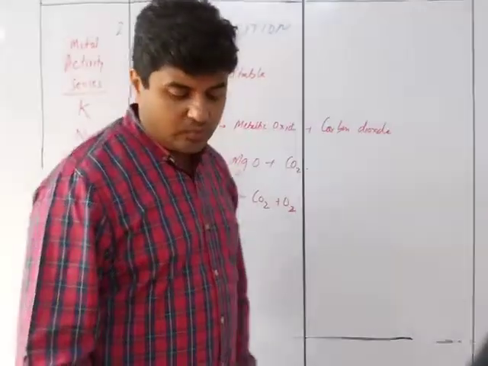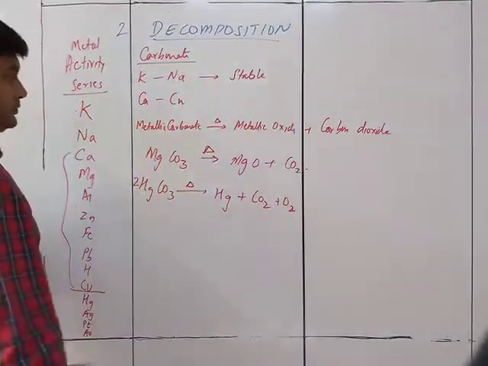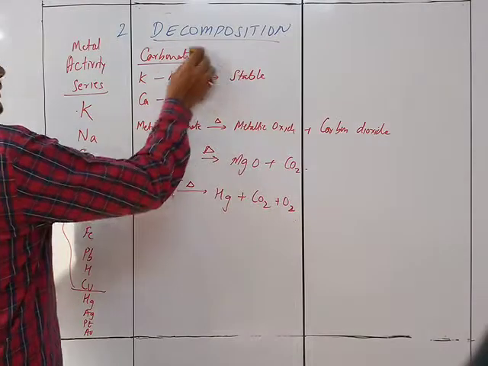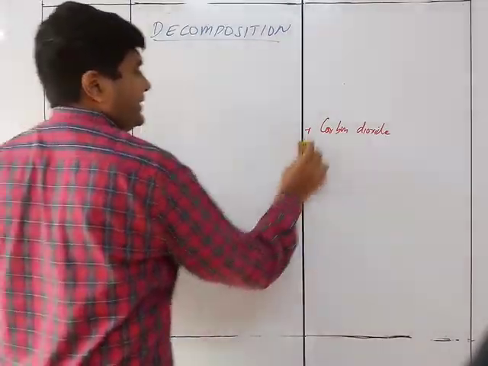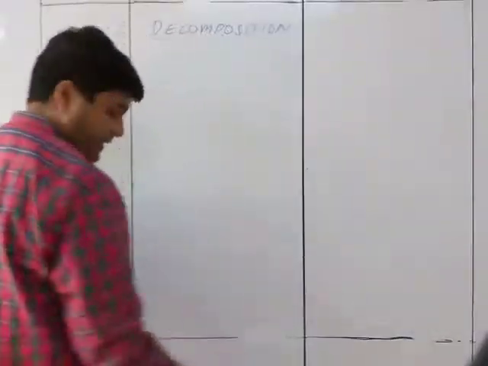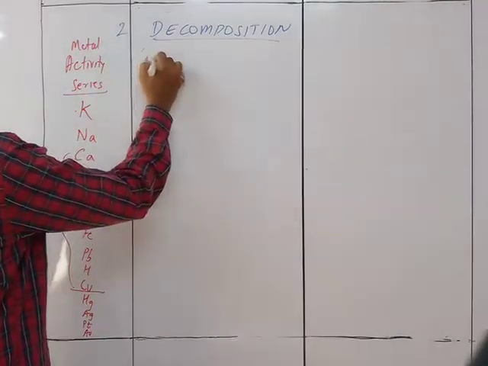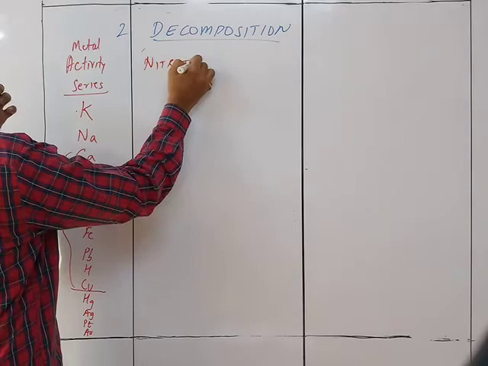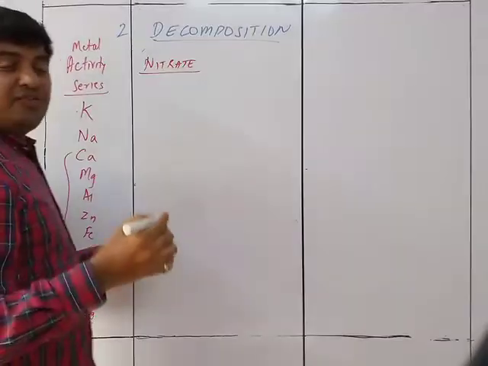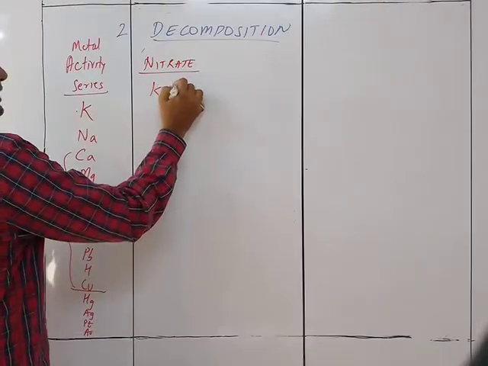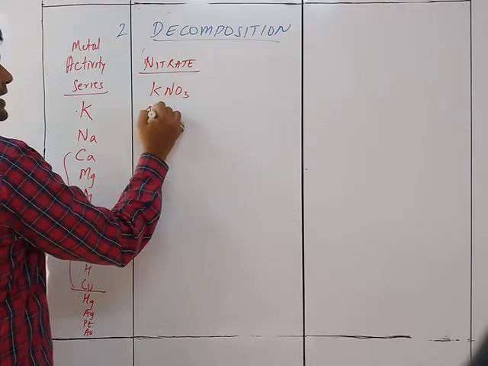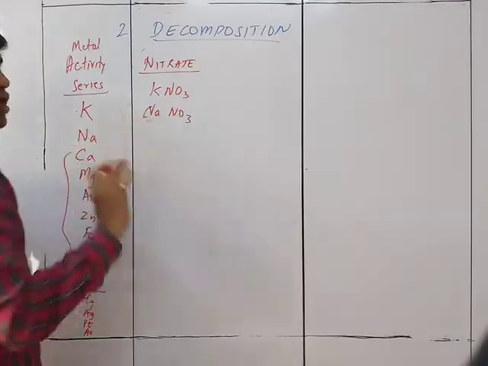Now we come to the last one, that is nitrates. So the last one over here is the nitrate. Now in case of nitrates, this is the first time that KNO3 and NaNO3 are not stable.